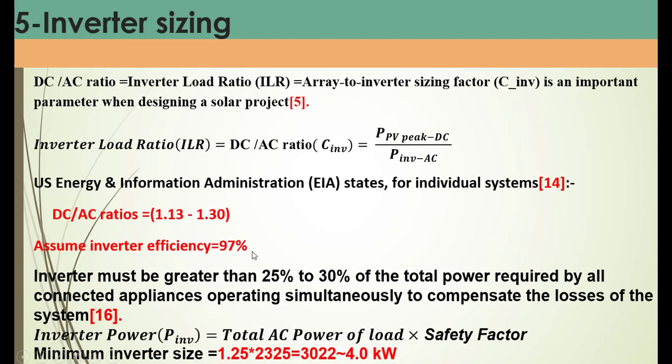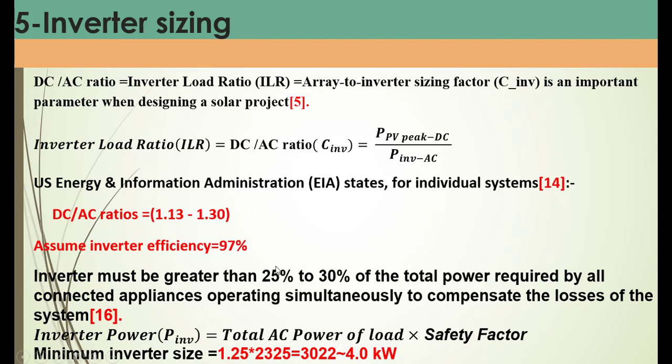If we assume the inverter efficiency equals 97 percent, the inverter must be greater by 25 to 30 percent than the total power required by all connected appliances operating simultaneously, to compensate for the losses of the system. So the inverter power equals the total AC power of the load multiplied by the safety factor.